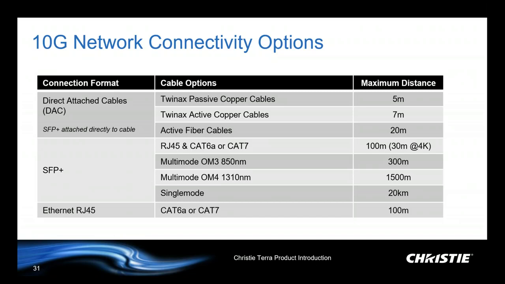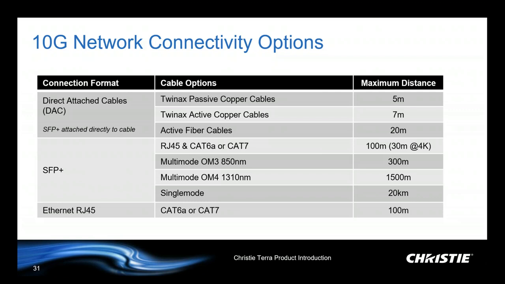We use these a lot in our installations where the TX are in the same rack or very close to the sources and the switch. You don't need fiber for that. In fact, we used the twin-X for our demo kits as well. Depending on whether it's passive or active, you can get up to 5 or 7 meters, or 20 meters using fiber.